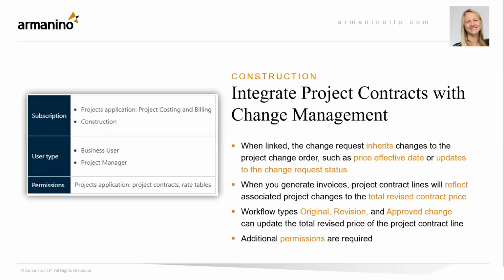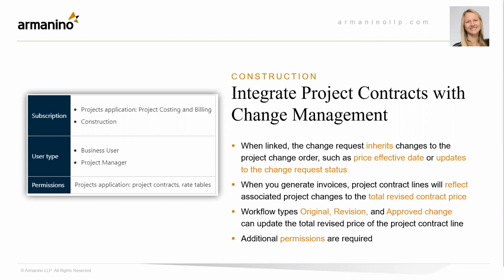All right. Now they're integrating project contracts with change management. When linked, the change request inherits changes to the project change order, such as price effective date or updates to the change request status. When you go to generate your invoices, project contract lines will reflect associated project changes to the total revised contract price.